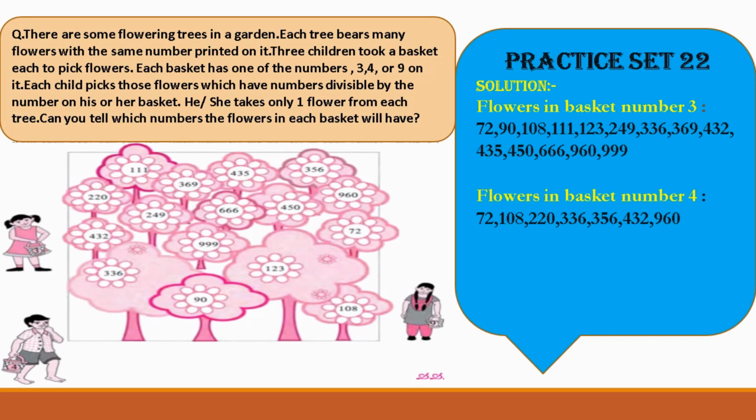Now let's revise the divisibility rule of 9. A number is divisible by 9 if the sum of its digits is divisible by 9. Flowers in basket number 9 will be 72, 90, 108, 369, 432, 450, 666, 999.